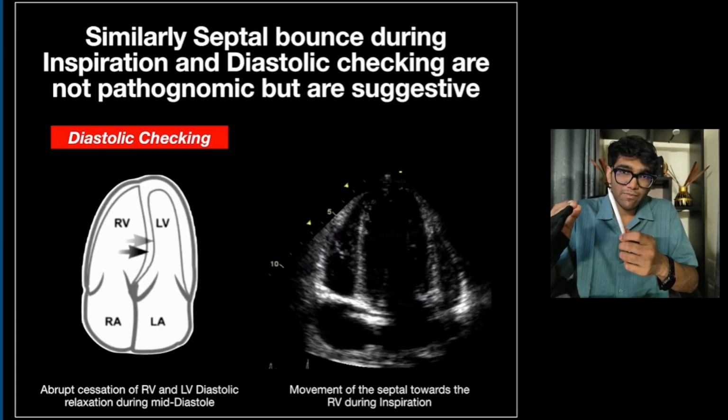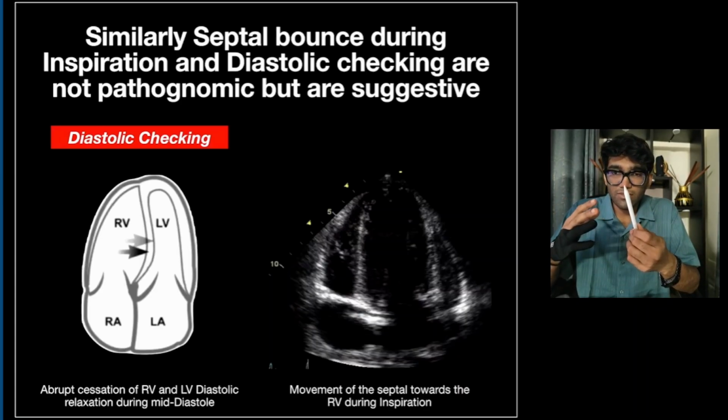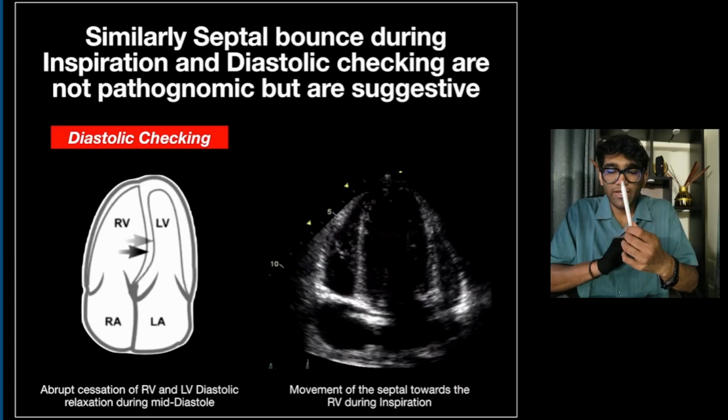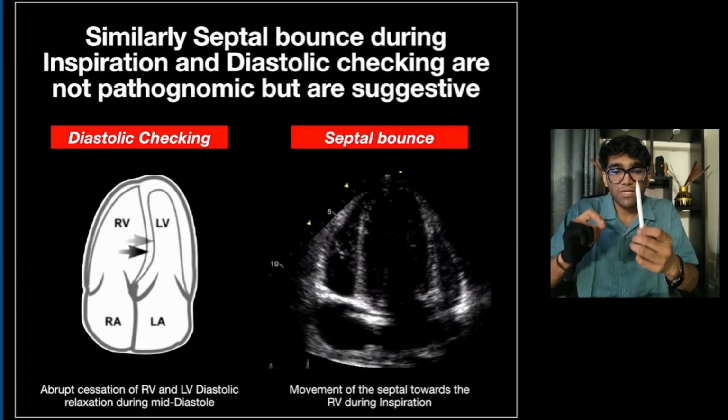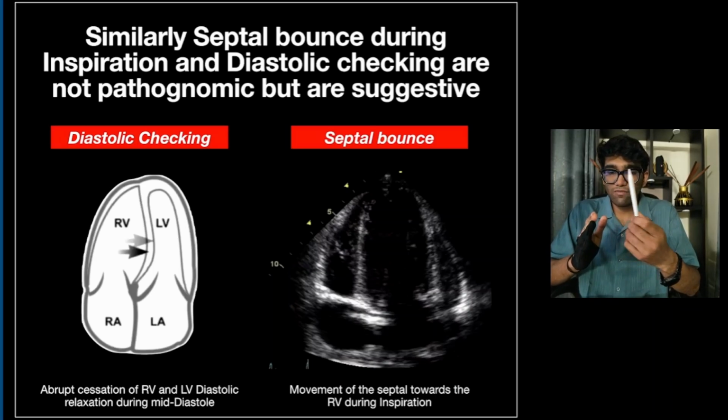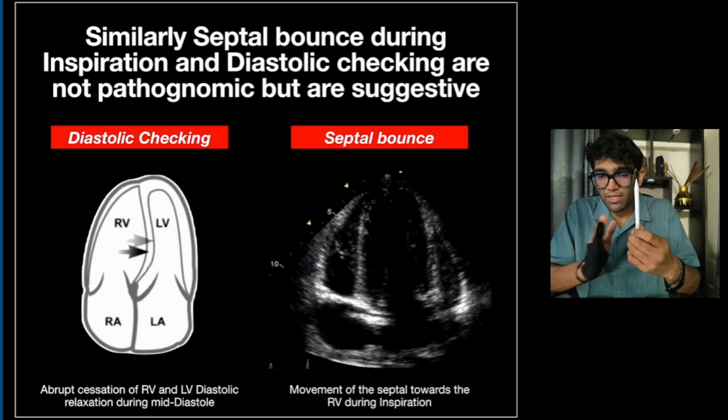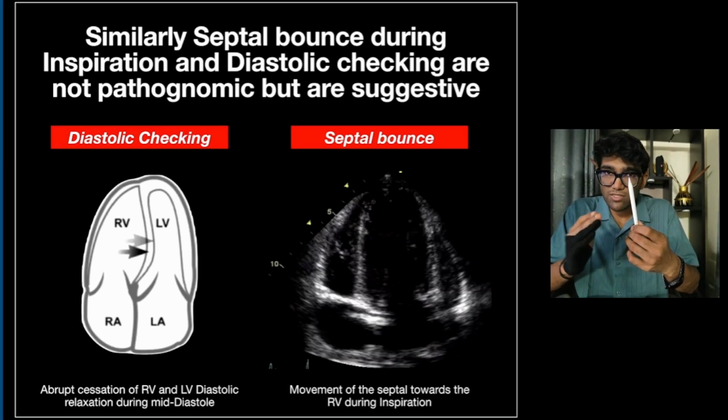Okay, its momentum has been suddenly stopped, and the fibrous tissue within the ventricular myocardium or in the pericardium causes it to snap back, okay, towards the right ventricle, and that process is what we call septal bounce. So this combination of diastolic checking followed by septal bounce. Diastolic checking is towards the left ventricle and septal bounce is back towards the right ventricle.